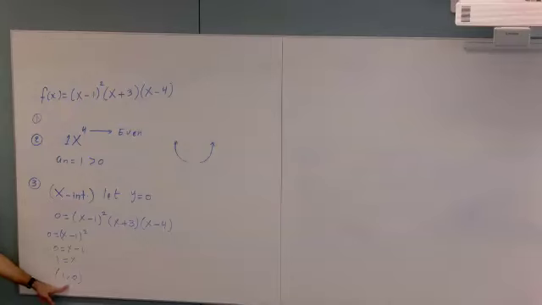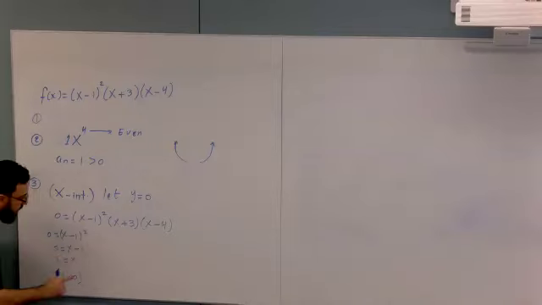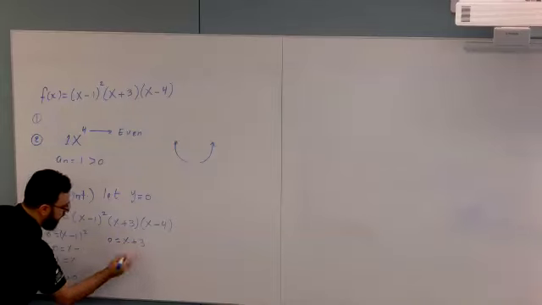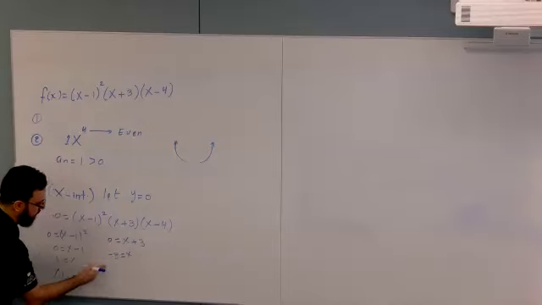Is that okay? Now I'm going to ask you, at this point, does the graph cross or touch? Go back to the factor. It's squared, so it touches. You got the idea why we need to learn touch or cross? Now let's go to the second one. Solve this one. 0 equals x plus 3. So x is going to equal -3.